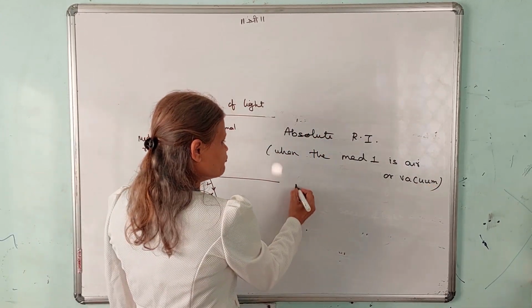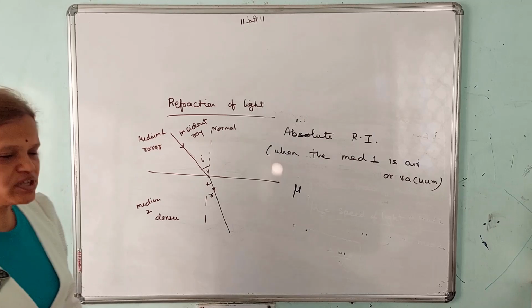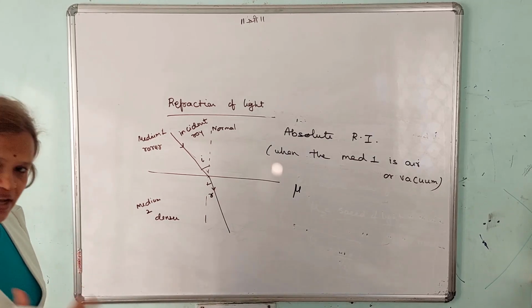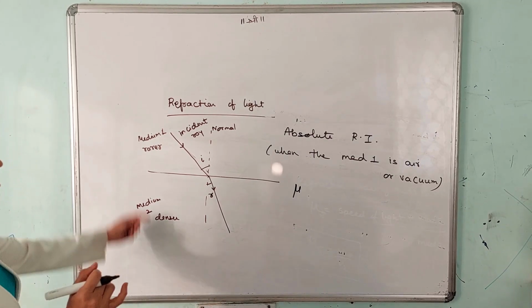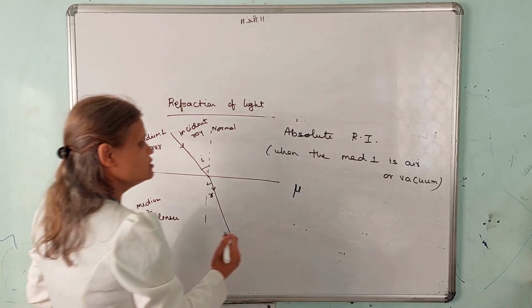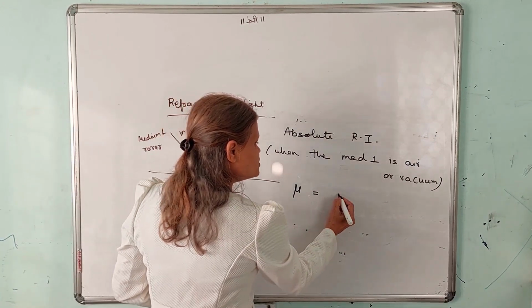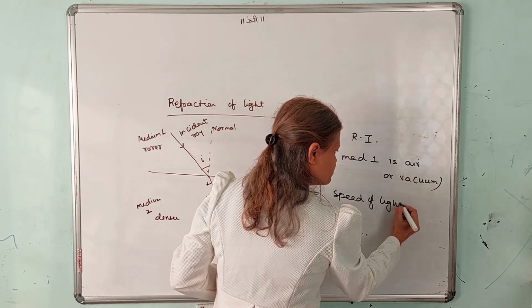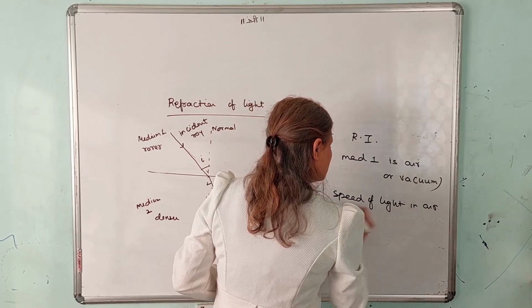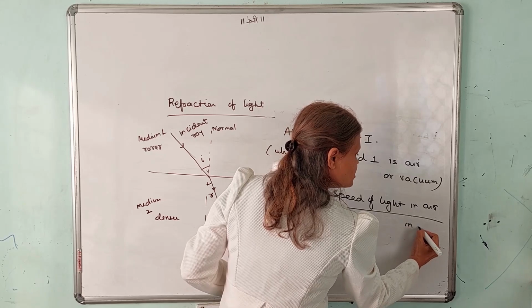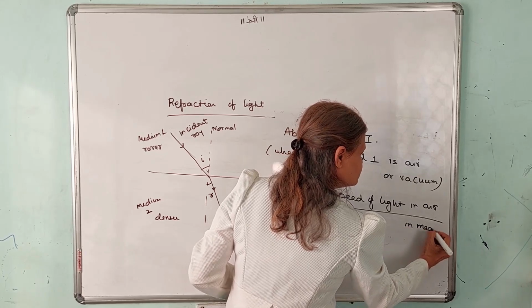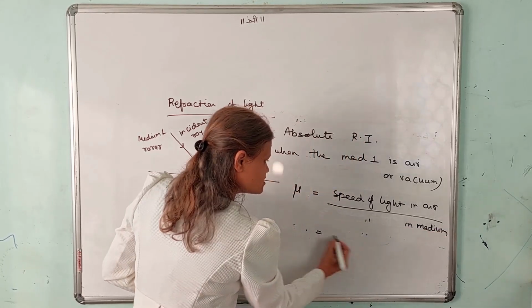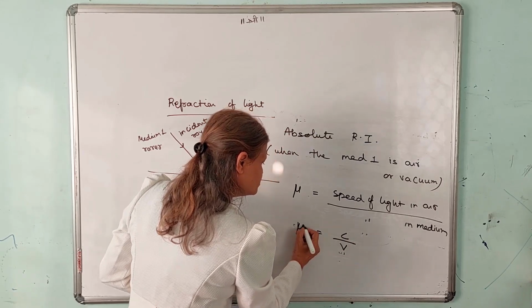So for mu, here we don't write 2 with respect to 1 because one medium is already air. So we just write the refractive index of the medium. So mu is equal to c, that is the speed of light in air, upon the speed of light in the medium, that is c by v.